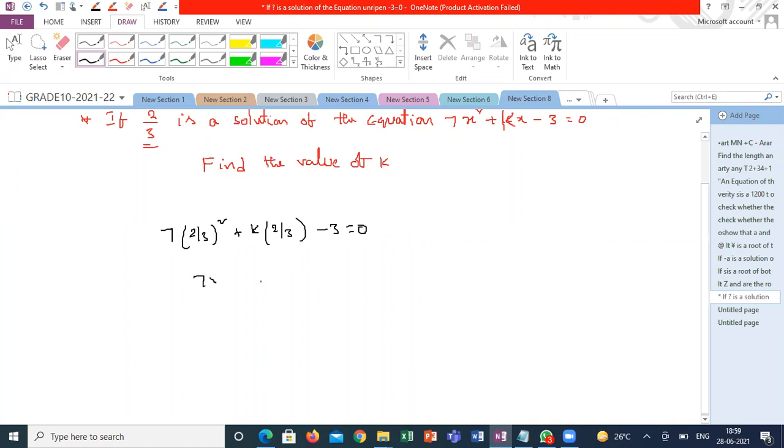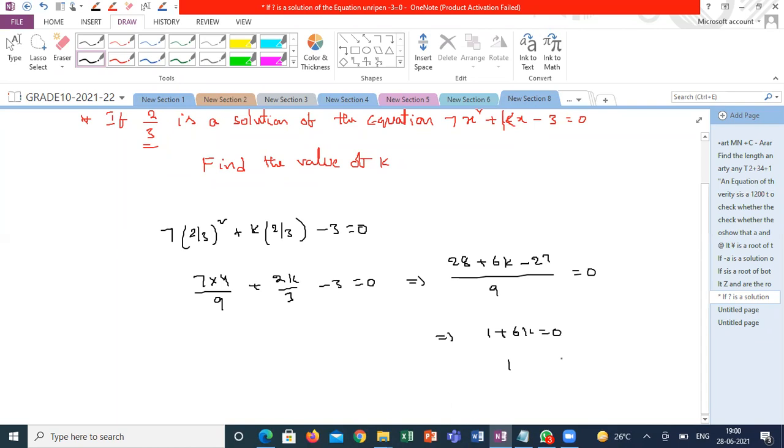This will be 7 into 4 by 9 plus 2k by 3 minus 3 is equal to 0. So taking LCM 9, 28 plus 6k minus 27 is equal to 0. So 1 plus 6k is equal to 0. k is equal to minus 1 by 6.